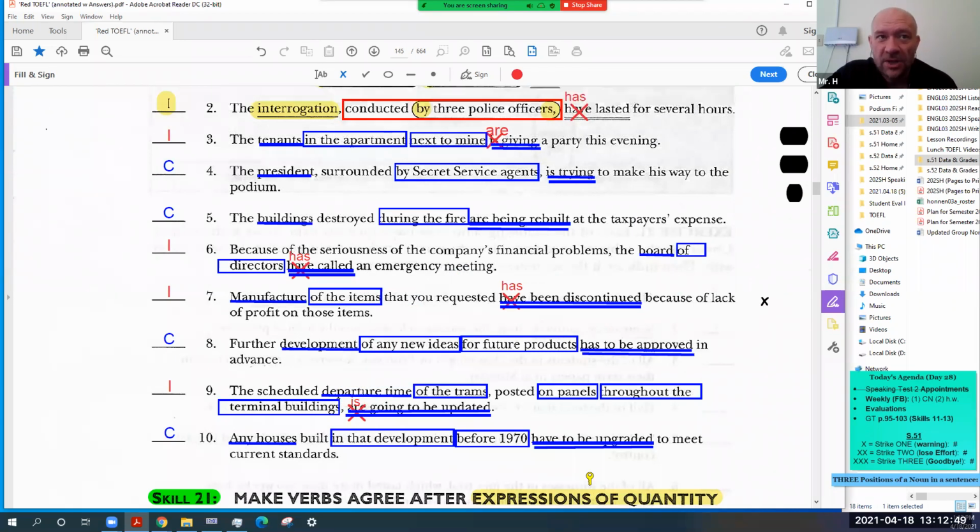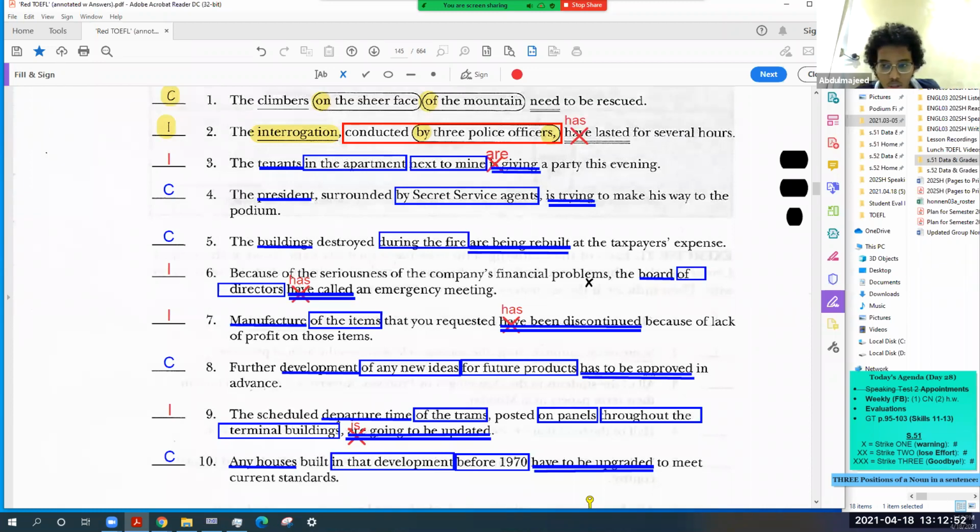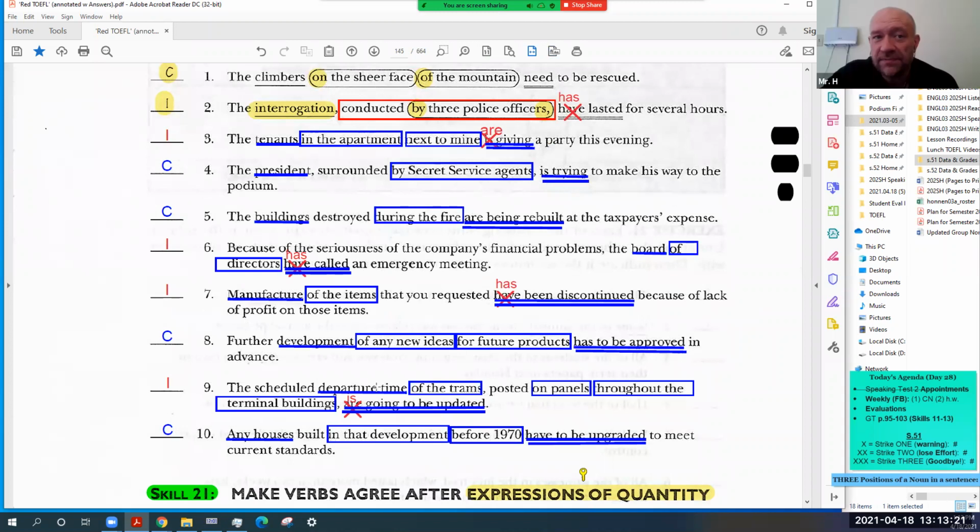All right, gentlemen, do you have any questions about any of these exercises? Yes, I have a question. The scheduled, is it an adjective? Yes, it describes the departure time, so this is an adjective. What about posted on panels? Posted on panels is a reduced adjective clause.